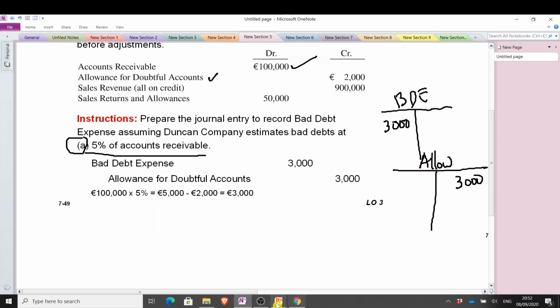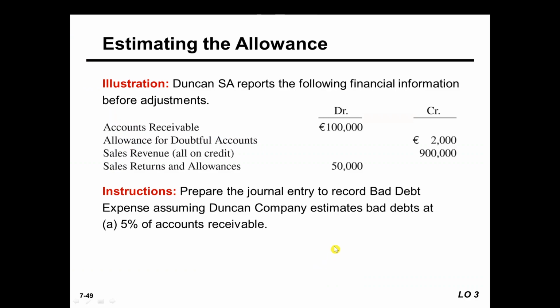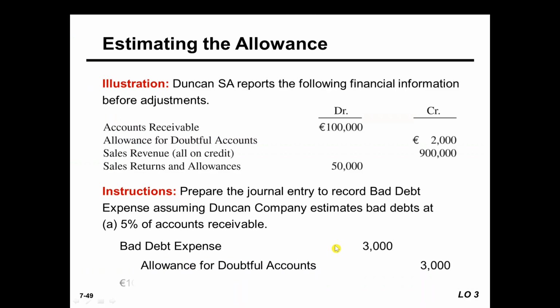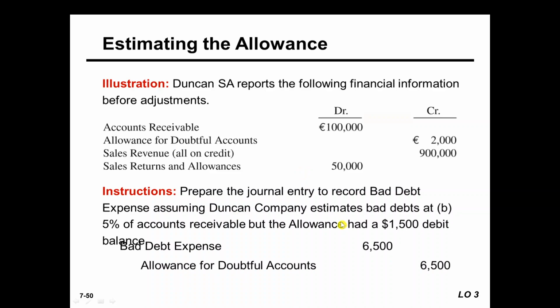And instruction B needs us to record our allowance if there is 1,500 in the debit account.